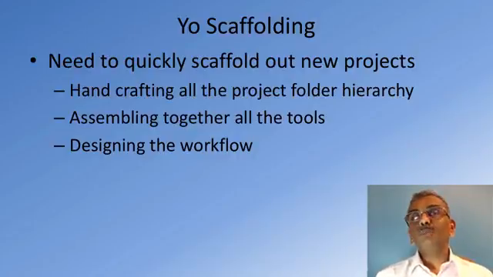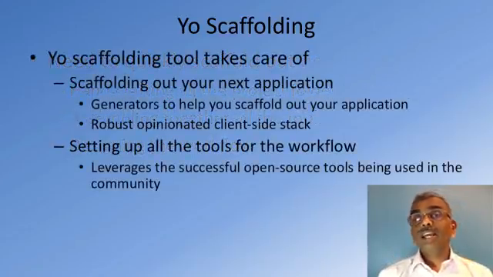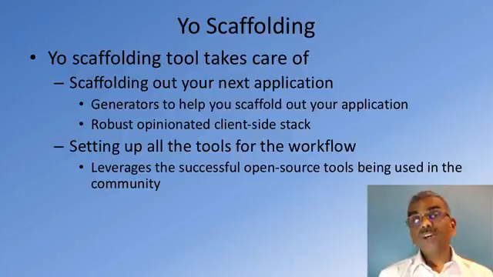And Yo makes use of Grunt, Gulp, and Bower together to automate our workflow. Yo provides a mechanism for scaffolding out your next application. Yo comes with a bunch of generators that are designed for scaffolding out various applications. So for example, if you want to scaffold out an Angular application, there is a generator available for it.